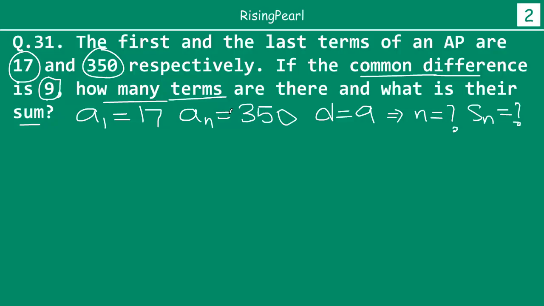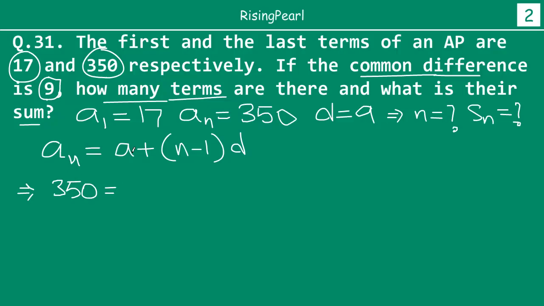If there are n terms, then an will be equal to a plus n minus 1 times d. Here an is given as 350, so 350 equals a1, the first term, which is 17, plus n minus 1 times d, where d is given as 9.